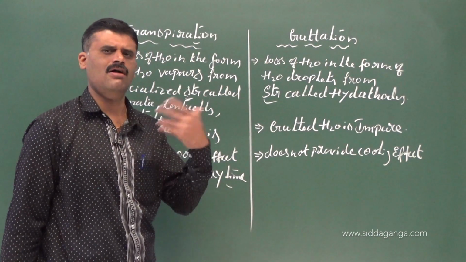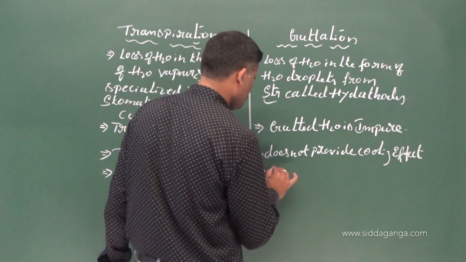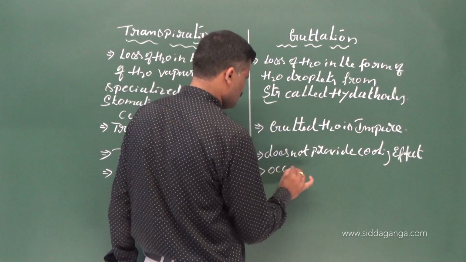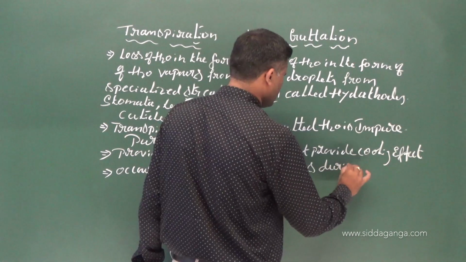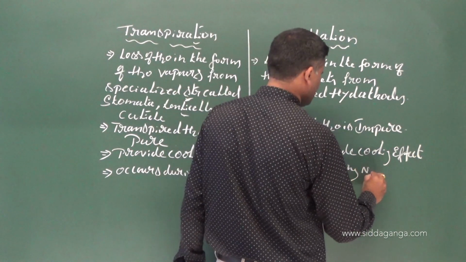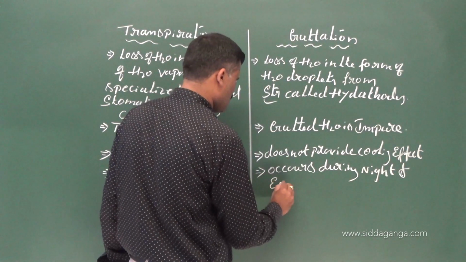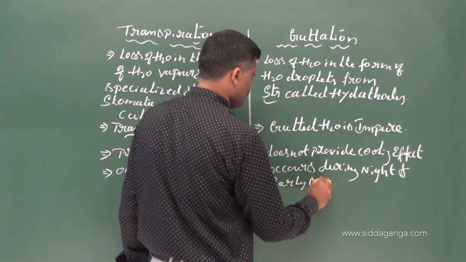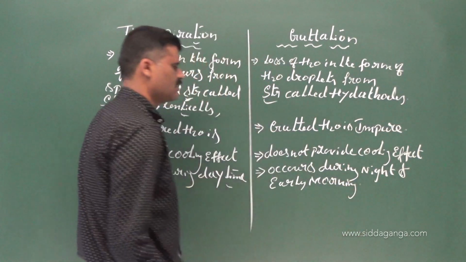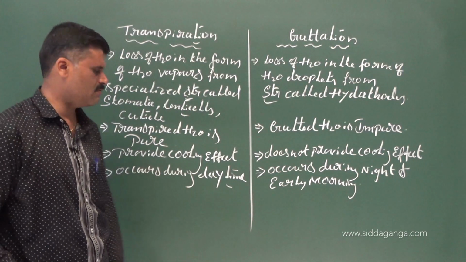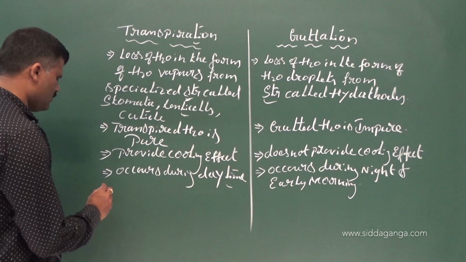Transpiration should occur in all the plants, whereas guttation occurs or takes place during night and early morning. So, guttation occurs during night and early morning, whereas transpiration occurs during daytime.